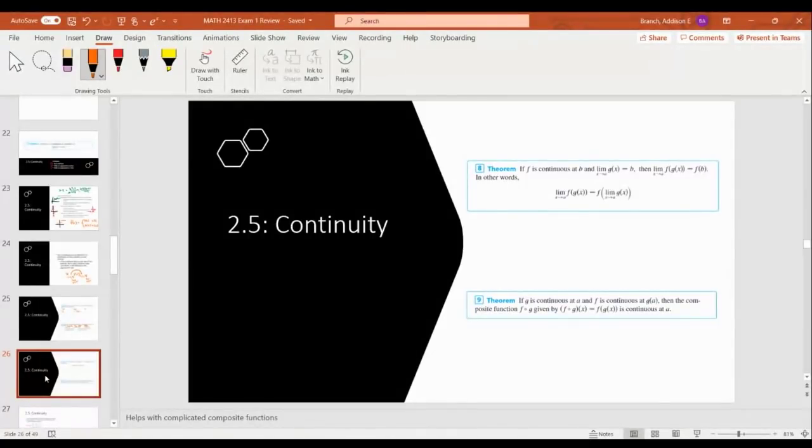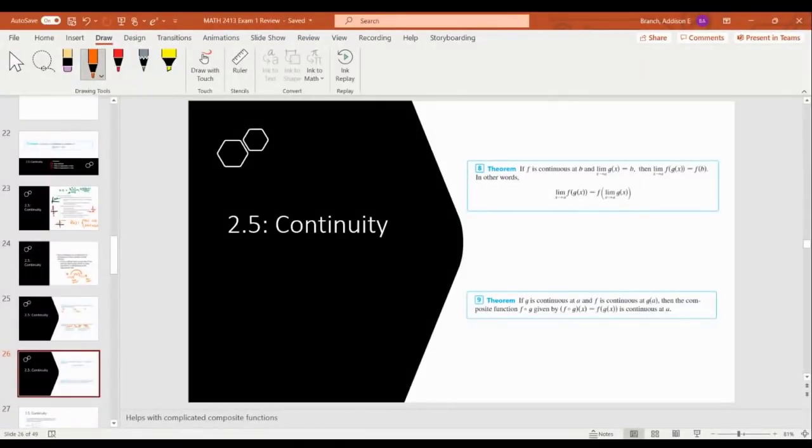All right, so we have a couple more theorems that we've also learned in this section. One says if f is continuous at b and the limit as x approaches a of g equals b, then we can combine those to say that the limit as x approaches a of f of g will be the same as f of the limit as x approaches a of g.